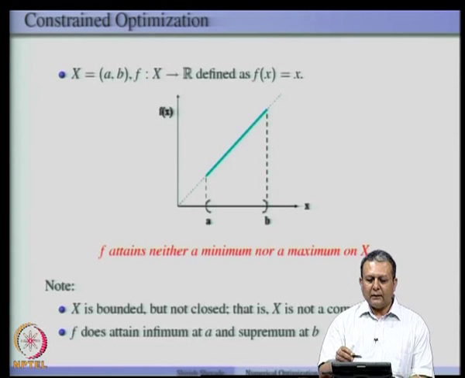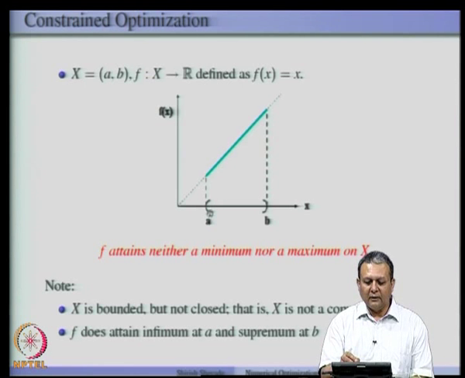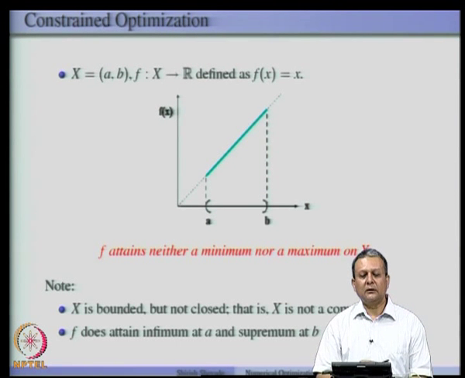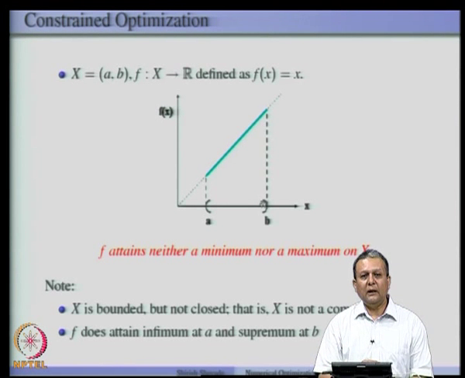Now, you will see that f attains neither a minimum nor a maximum on x, because f of a and f of b are not defined. So, we cannot have a minimum value of the function in this open interval a to b, but in this case you can get a bound on the minimum and maximum values, and those are called infimum and supremum.